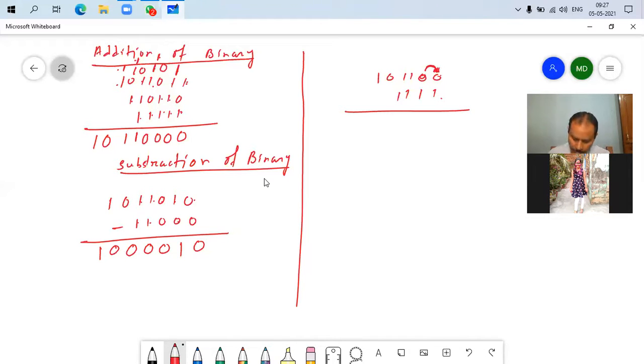So if we borrow 1 from here, this particular digit becomes 10, and this becomes a 0. Correct? Now we have 10 over here. We can borrow 1 from here. So if we borrow 1 from here, this 10 will become 1. And we have a 10 here.